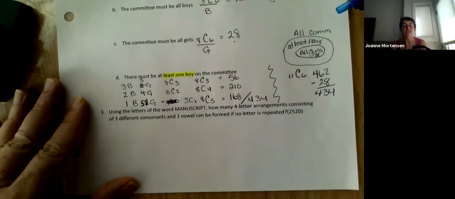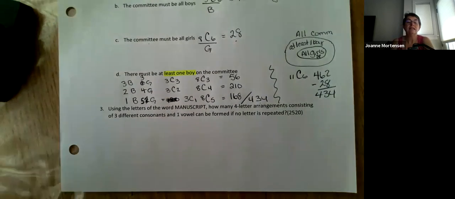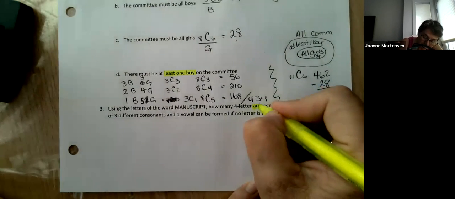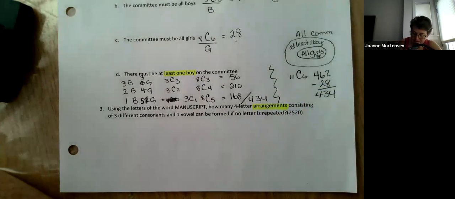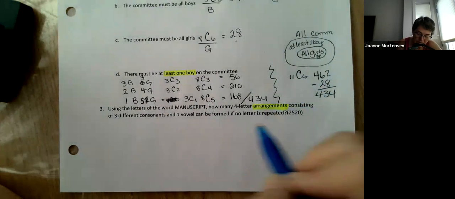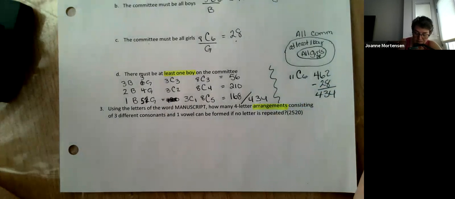All right, last question. Using the letters of the word manuscript, how many 4-letter arrangements consisting of 3 different consonants, 1 vowel can be formed if no letter is repeated?